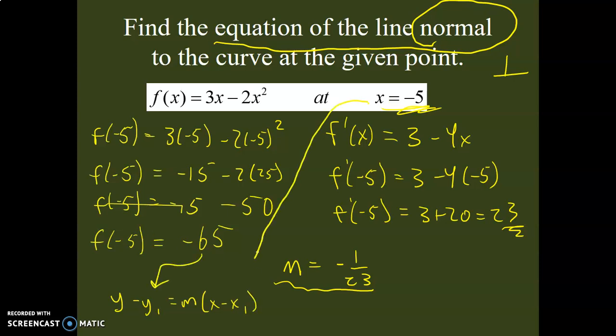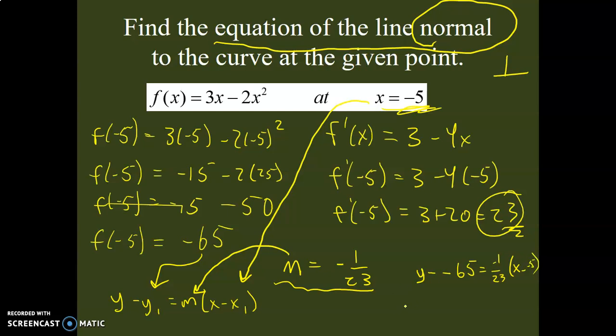The x1 value was in the problem. And the slope was perpendicular to the tangent slope that I found using the derivative. So my answer for this problem would be y minus -65 equals -1 over 23 times x minus -5.